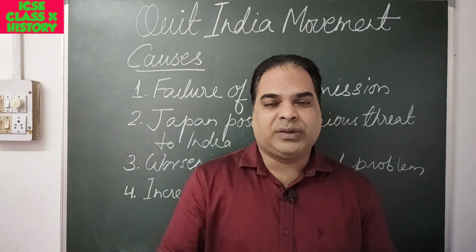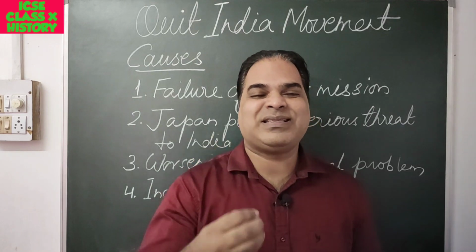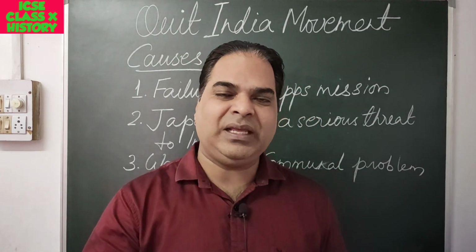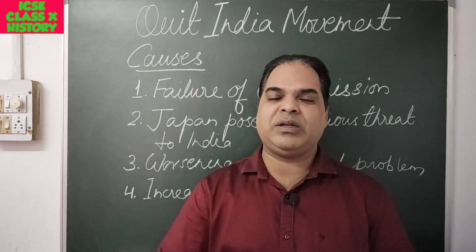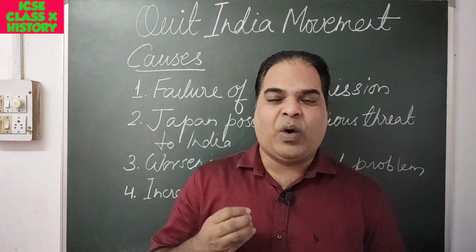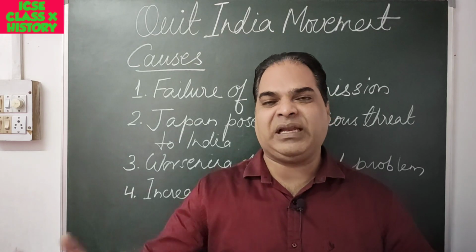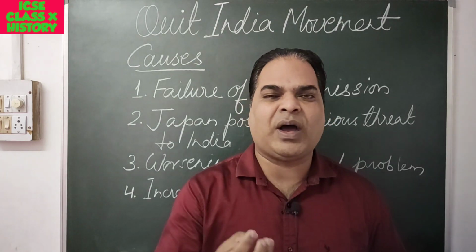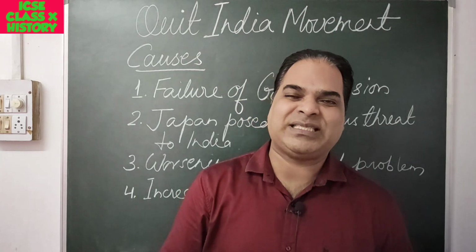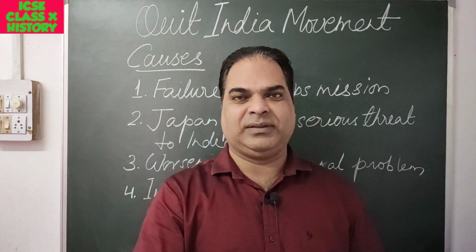This Cripps mission was completely rejected by the Congress, the Muslim League, as well as other small parties. We can say the Cripps mission was completely a failure. Let us discuss one by one why it was not accepted by the Indians.